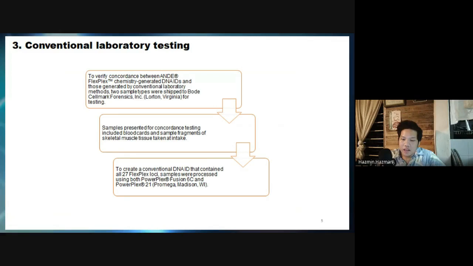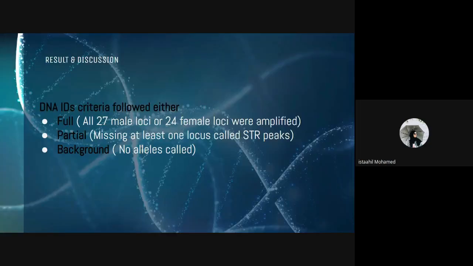The result is generated by the conventional method, then the ID contains all 27 Fleet E loci. The samples are approximately used for both the PowerPlex Fusion version and PowerPlex 2021. So the next slide shows the result.